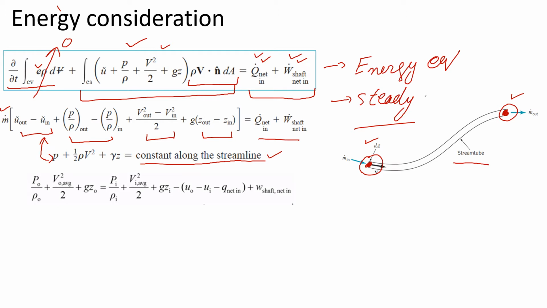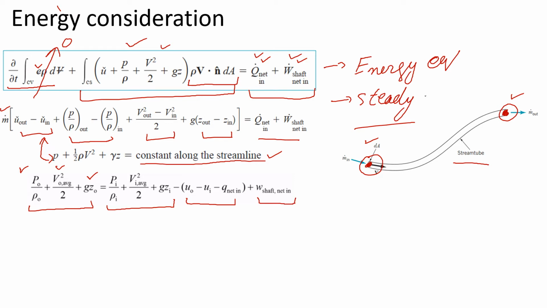We will take the pressure energy, the kinetic energy, and the potential energy at the outlet, write it on the left hand side, and these three terms for the inlet on the right hand side minus these terms plus the net work done by the shaft.